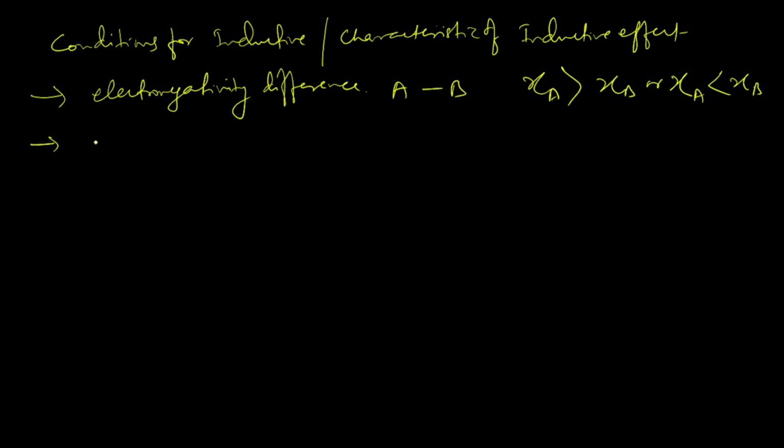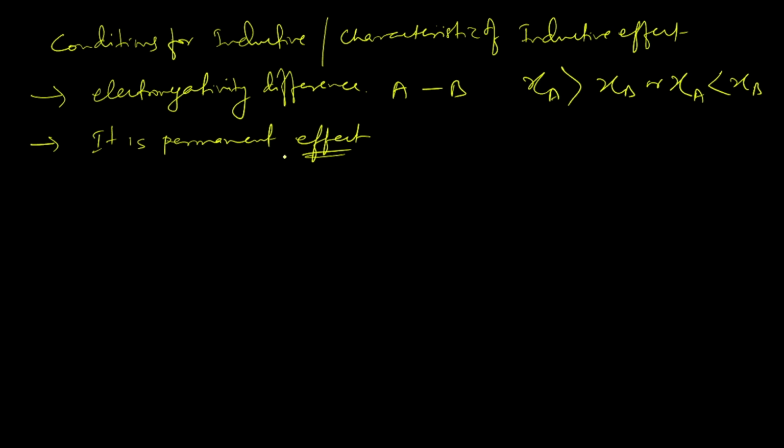And we know that it is a permanent effect. Why a permanent effect? Until the time this bond is there, this effect exists. Because if there is an electronegativity difference, there will always be a shifting of electrons. The complete electron won't be shifted, but it will be towards the more electronegative side.